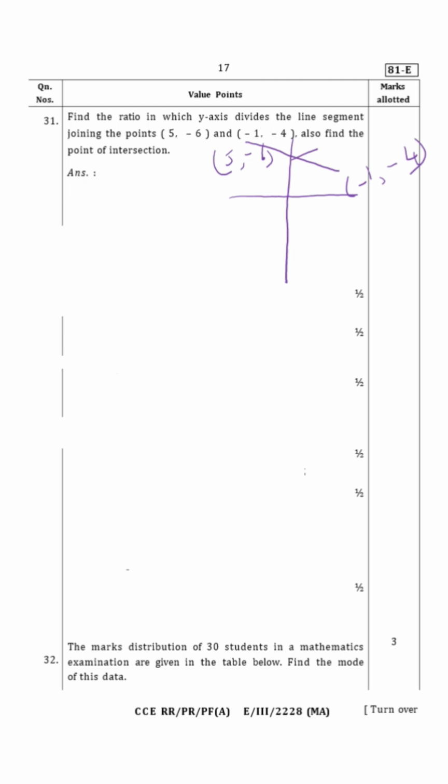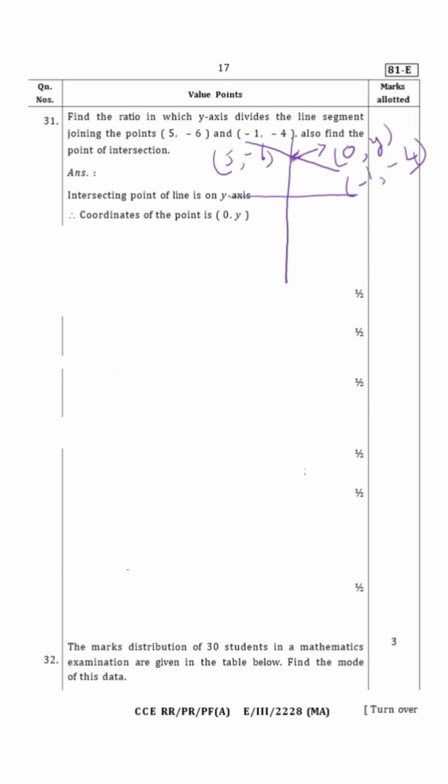The intersecting point is on the y-axis. So here observe the x coordinate is 0. We don't know the y coordinate. So let us write: the intersecting point of the line is on the y-axis. Therefore the coordinates of the point are (0, y). Now we have to find the ratio in which this point divides this line.